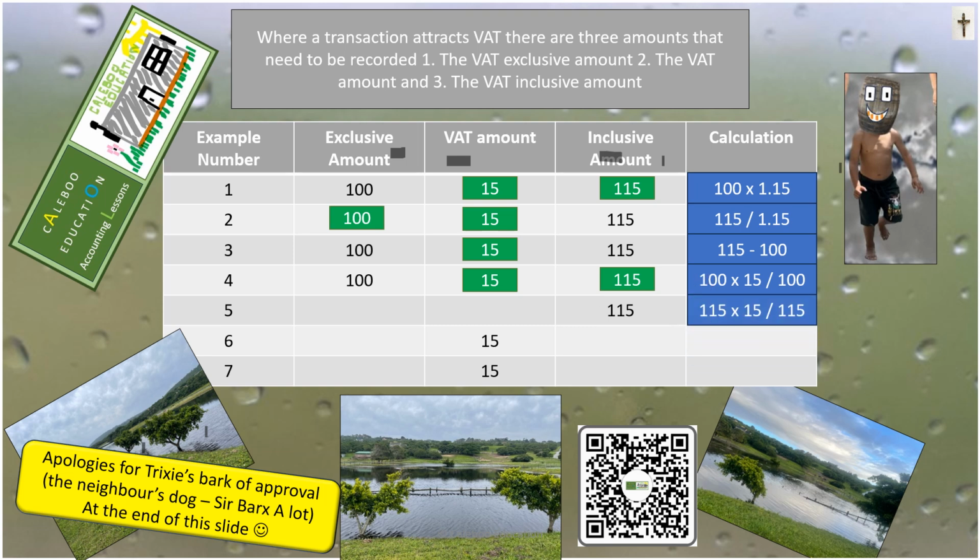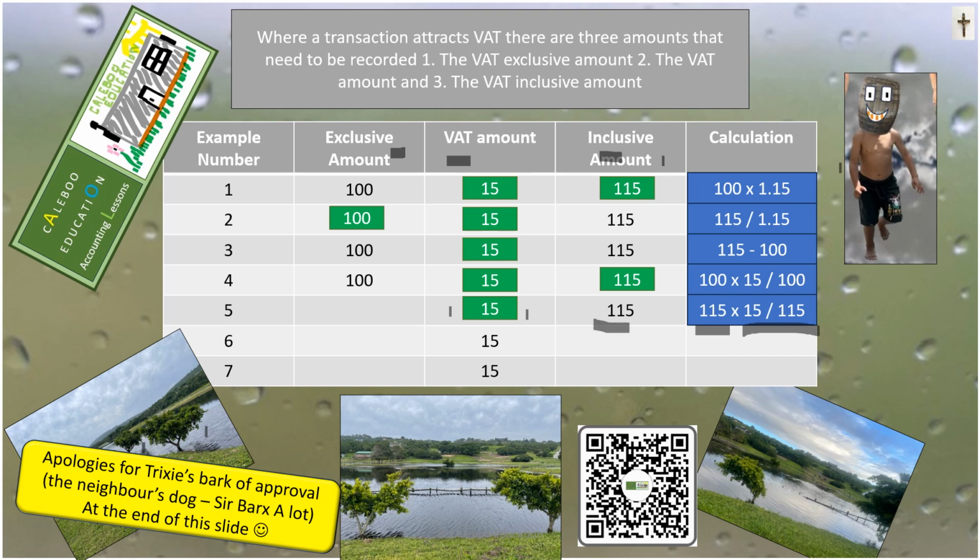And there it is. We have got the inclusive amount multiplied by 15 over 115, which is the VAT fraction, and that, ladies and gentlemen, will give us the VAT amount, 15.